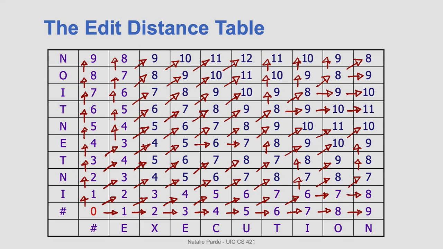So then to find our alignment, we just backtrace using this information. So one possible alignment between these two strings that results in the minimum edit distance is this.